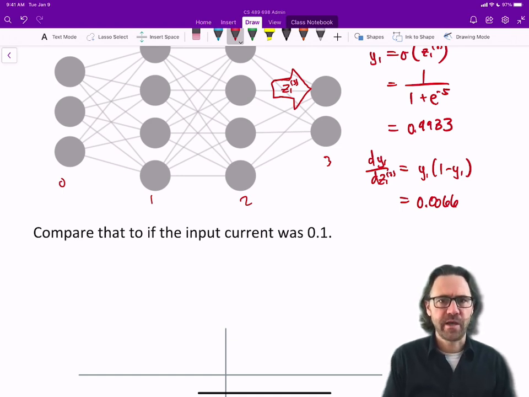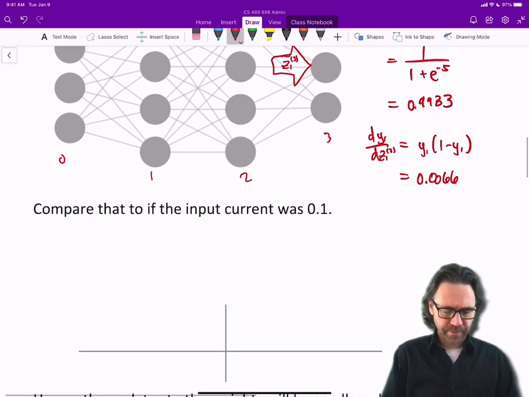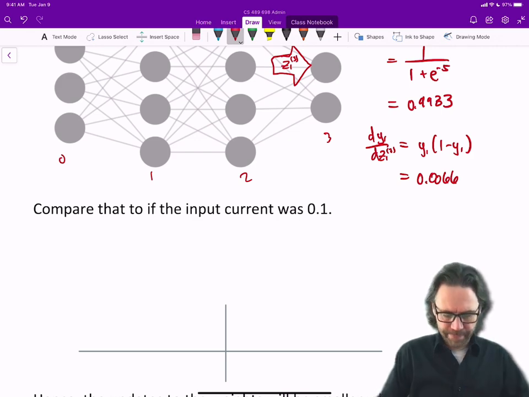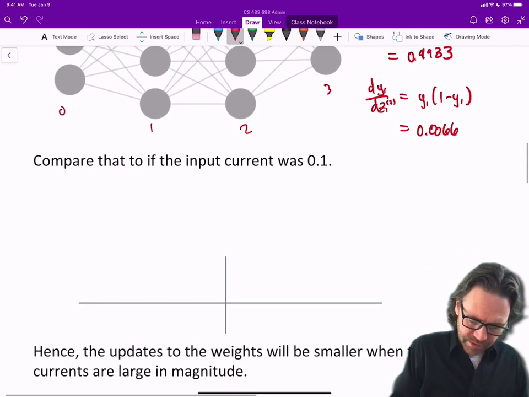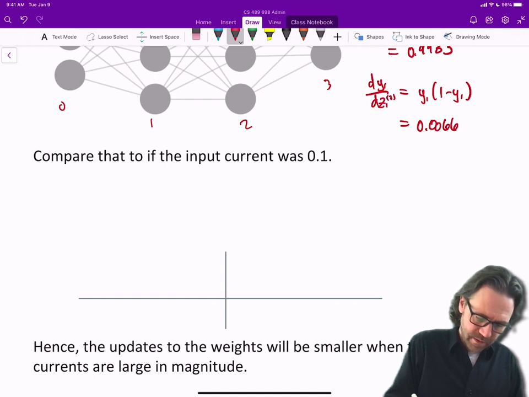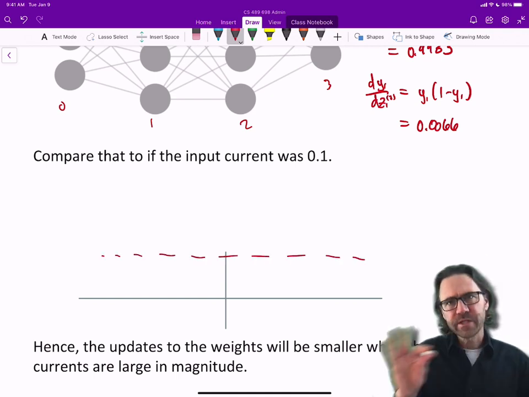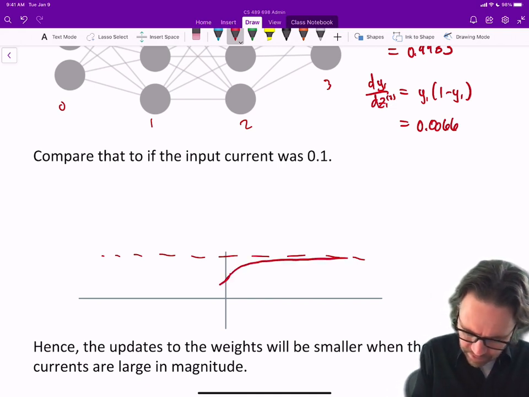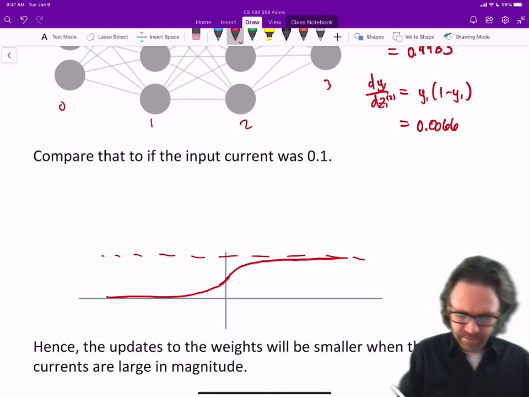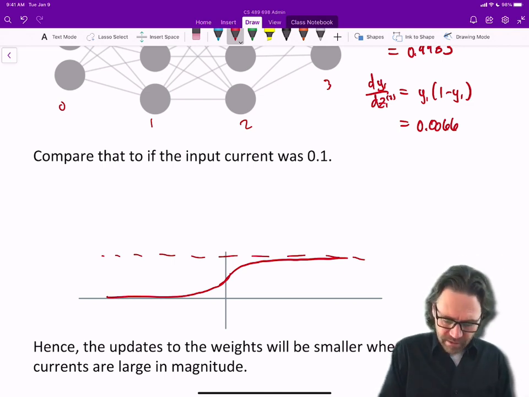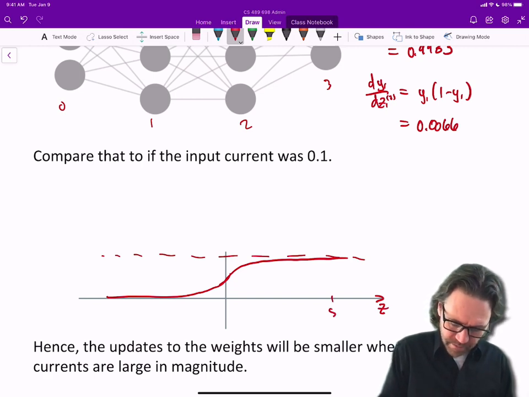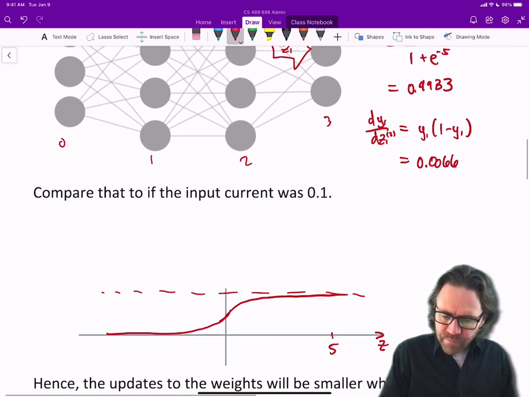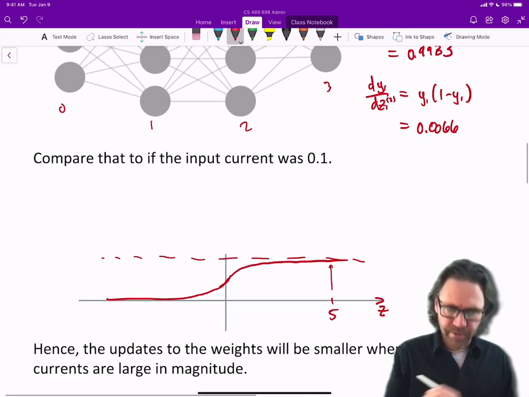And let me demonstrate that in a plot. So let me draw the logistic function here. Got an asymptote at 1 here, and I'm just going to say the bias is 0. So we're looking at a curve like this. When Z was 5, way over here, you see that we're really close to 1, way up here.